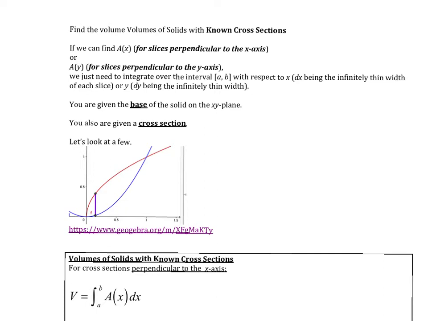Now, this base is the solid on the XY plane. What you're going to be given is a cross-section, meaning it's going to say, hey, if you take a really thin slice of this shape, the thin slice of that shape is going to have a shape of its own. Okay, we'll look at an example here in just a second.